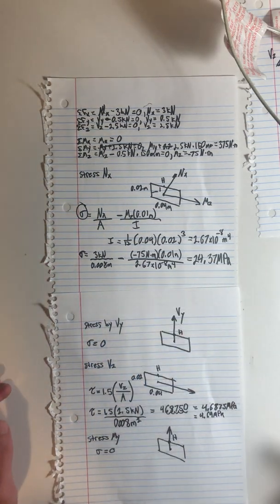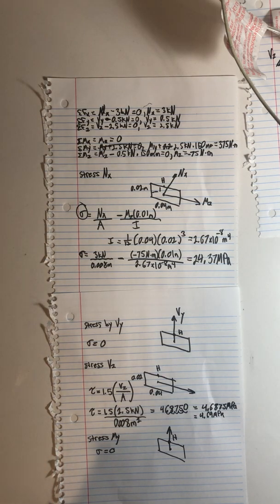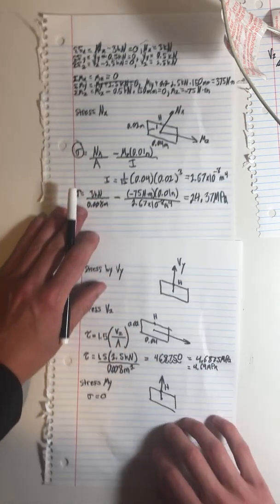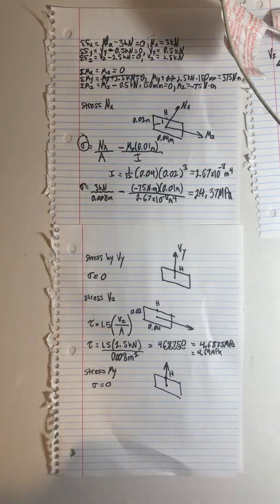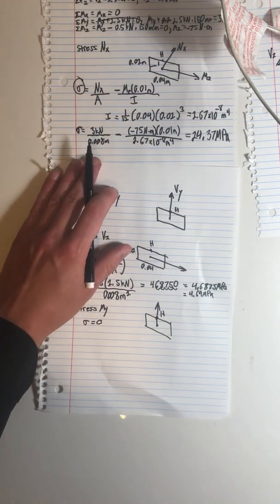That is because principal stress by definition is the normal max and normal minimum stresses. And to find normal max and normal minimum stresses, first we're going to look at the Mohr's circle.